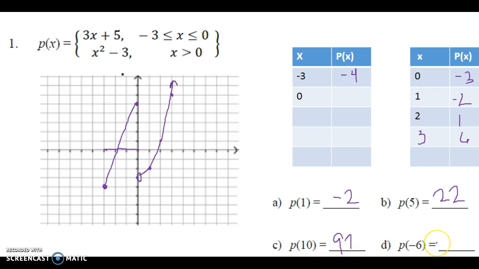And for -6, -6 is not greater than 0, but it is also not between -3 and 0. Therefore, this is undefined. You can't do it because it's not defined on that interval.